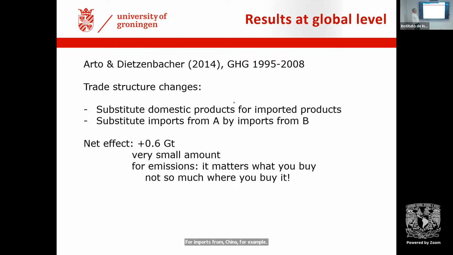So then it was a very small amount, and we said, okay, it does matter what you eat, or what is in your consumption profile, and not so much where you buy it. That has changed also in the new period. Because recall the jeans that I mentioned on Monday, 65,000 kilometers going all over the world. That is typically something that started to take place after 2000. It's fragmentation and finding the cheapest inputs, no matter whether they came from the other side of the world or from your neighboring country.